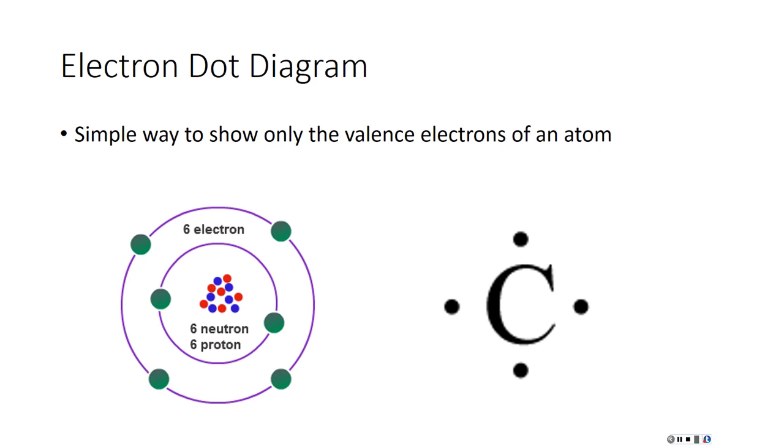Does that make sense for everyone? All right. Just for formality, let's do one more. Let's do chlorine, number 17 on the periodic table. Okay.